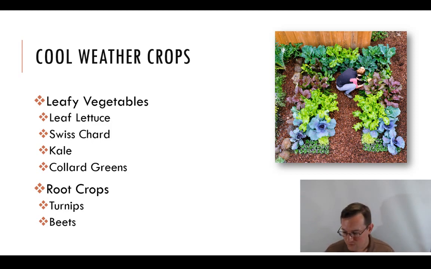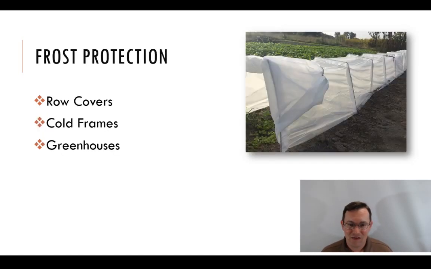And there are a few tricks that you can do to even extend your growing season. So this is actually a picture from my own garden. You can use something as simple as a little row cover like I have here. These row covers, they're only about a foot tall, about a foot wide.